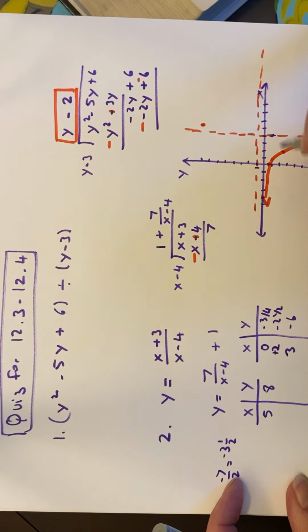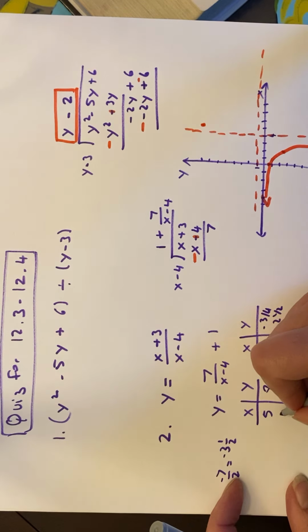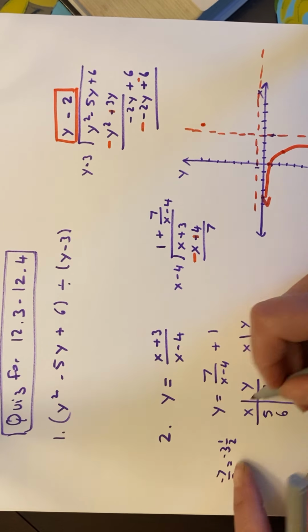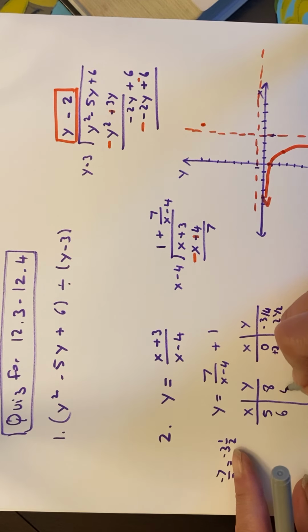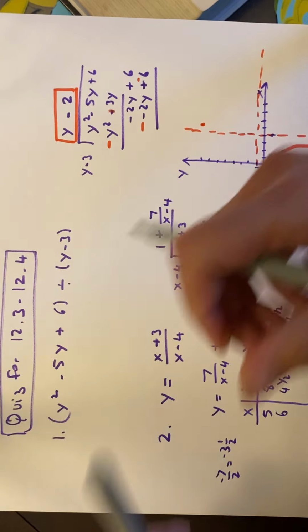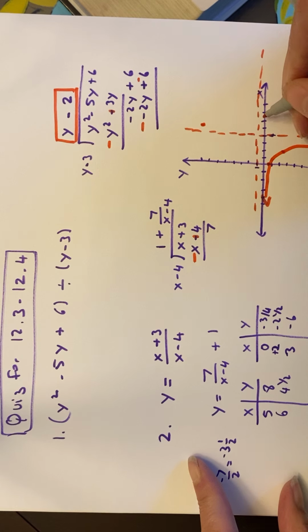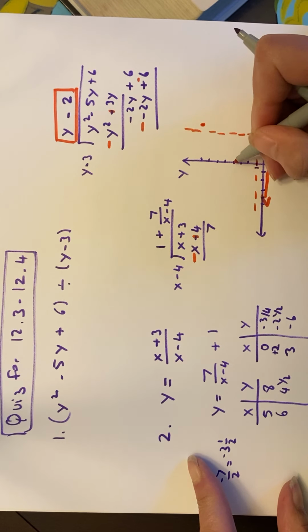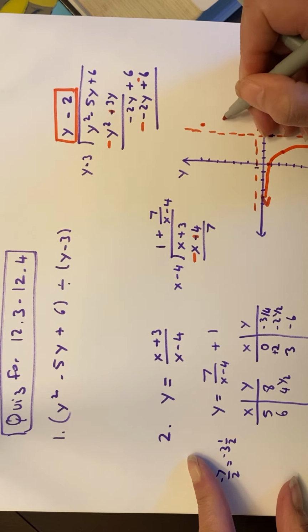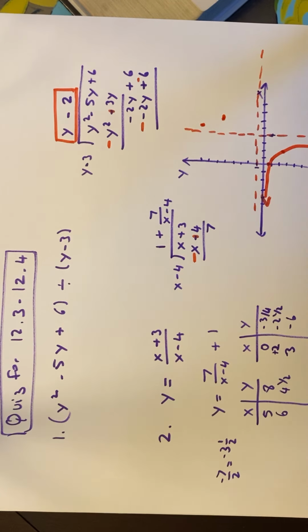I can try 6. 6 minus 4 is 2. 7/2 gives me positive 3.5, so I get 4.5. So for 6, I get positive 4.5, which is right here.